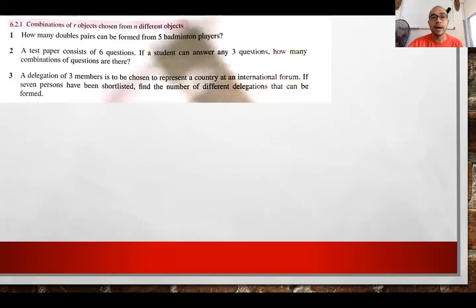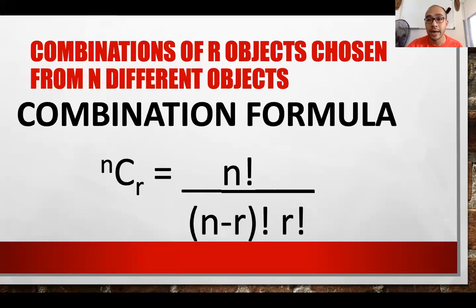But usually, for combination, we only involve one formula, which is nCr. The same rules apply: you still have to use the multiplication rule at certain events, and sometimes you will have to combine with permutation, which we will come to in a while.